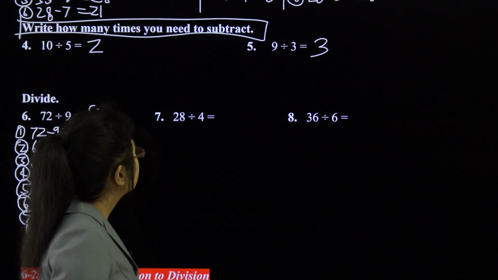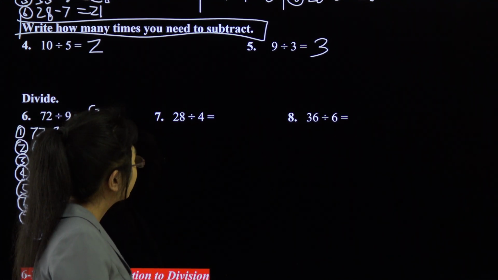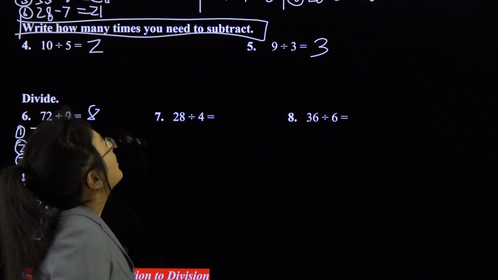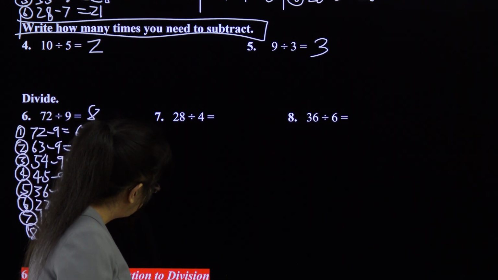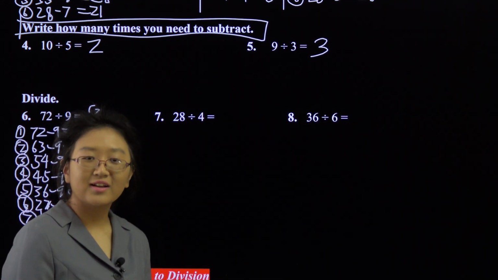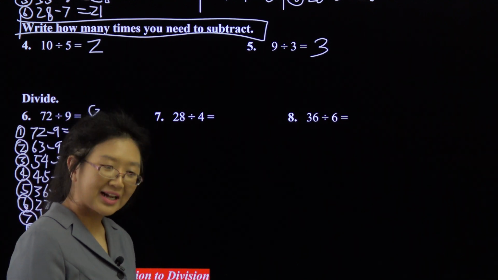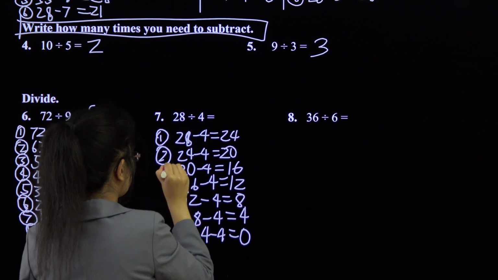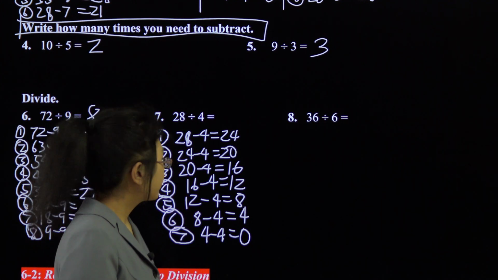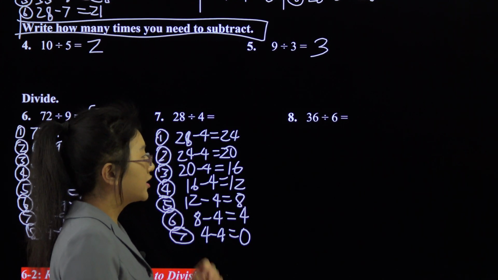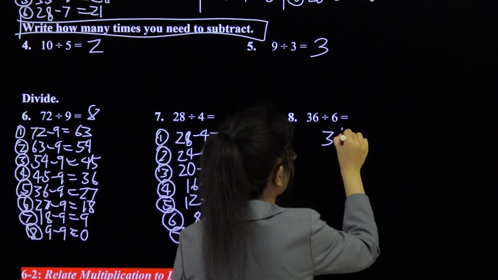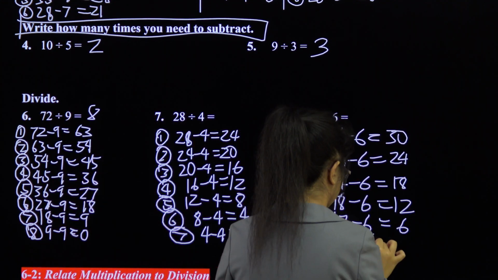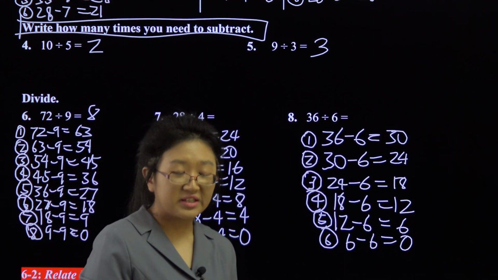Now 28 divided by 4. This is going to take a while again. There you go. 7 times. 36 divided by 6. 6 times.